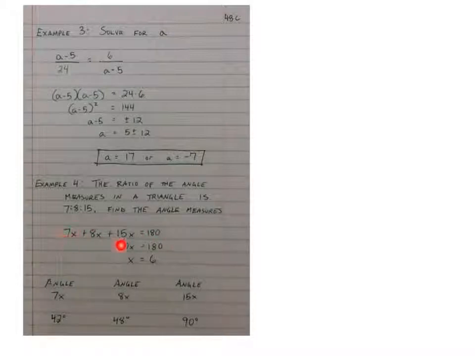If we simplify that problem down, we arrive at x being equal to 6. Angle 7x would be 7 times 6 is 42, and then the angle of 8x is just 8 times 6, which is 48, and the angle 15x is 15 times 6, which is 90 degrees. This particular example is a good problem to keep in mind because there is a problem very similar to this on the skill test.